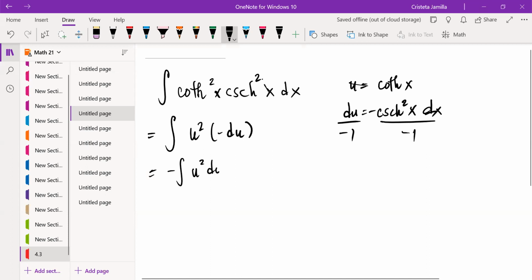The integral is negative u raised to 2 plus 1, so that is 3 over 3, plus c. And then substitute back our value for u, which is hyperbolic cotangent. So we have negative cotangent cubed over 3 plus c.